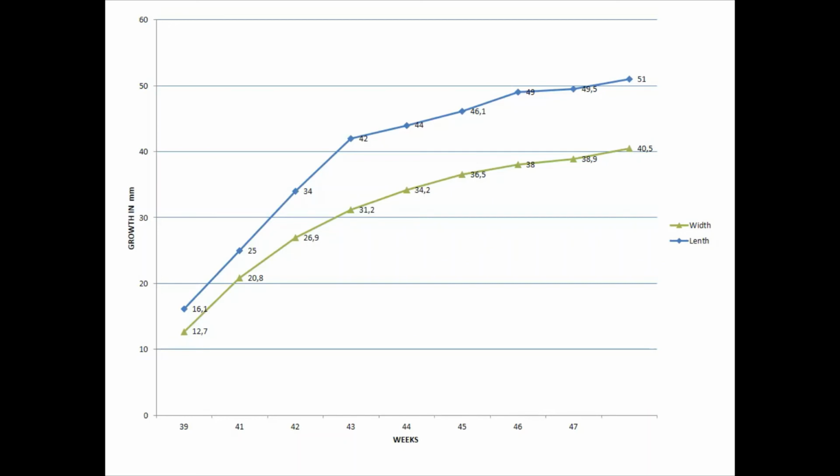If you look, the first 4 weeks, like week 39, week 40, week 42, and week 43, the fruit grows rapidly for those 4 weeks. So for about 30 to 40 days, the fruit will grow rapidly. It will increase in length. The average will be 8 millimeters per week in length.